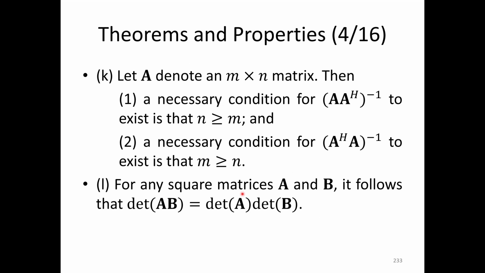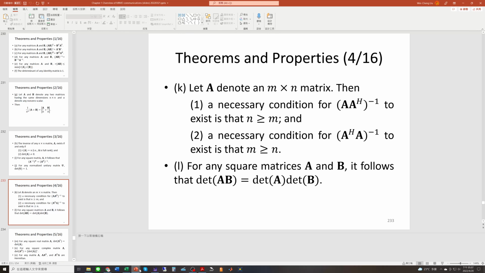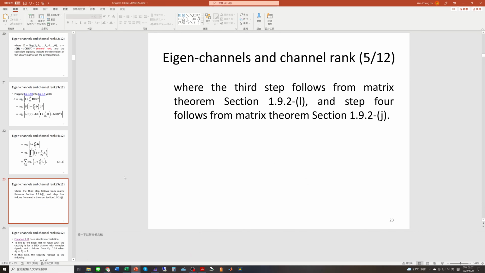For any square matrices A and B, it follows that the determinant of A times B is equal to the determinant of A times the determinant of B. If there are three matrices, the result is the same: the determinant of A times B times C is equal to the determinant of A times the determinant of B times the determinant of C.